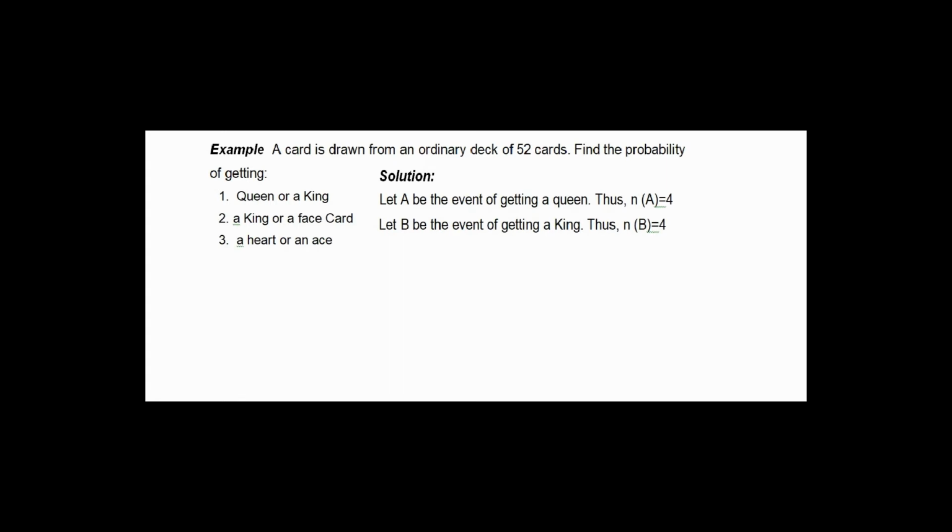And let B be the event of getting a king. The same with the queen, there are 4 kings in a deck of cards. So the events A or B are mutually exclusive since they cannot occur at the same time.